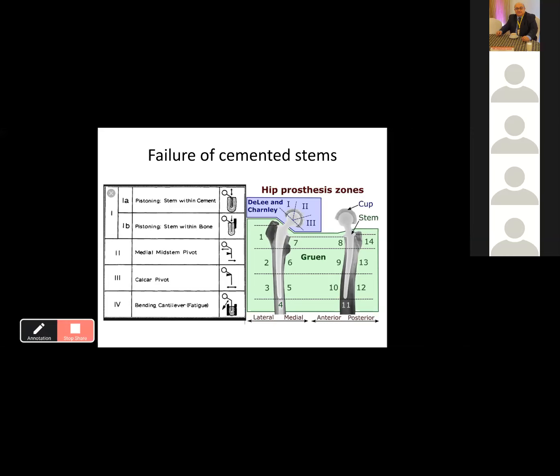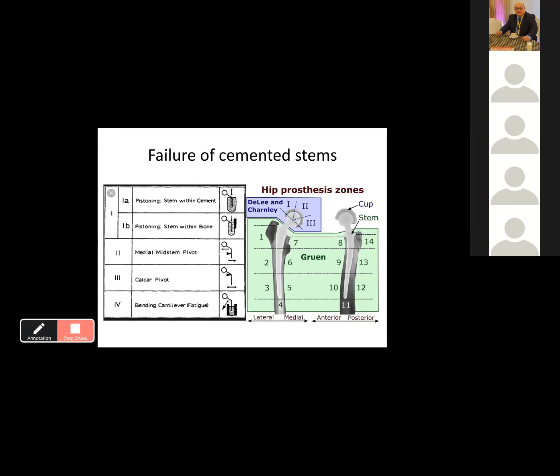And Gruen failure 4 was when you had a good distal cement mantle and the stem itself flagpoled, and then you would typically get a stem fracture, and you'd get loosening in zones 1 and 7 and maybe 2 and 6.